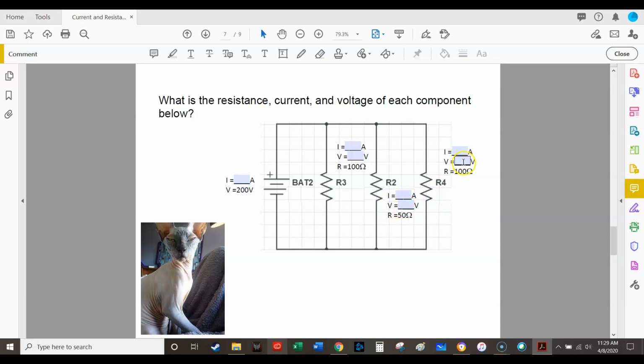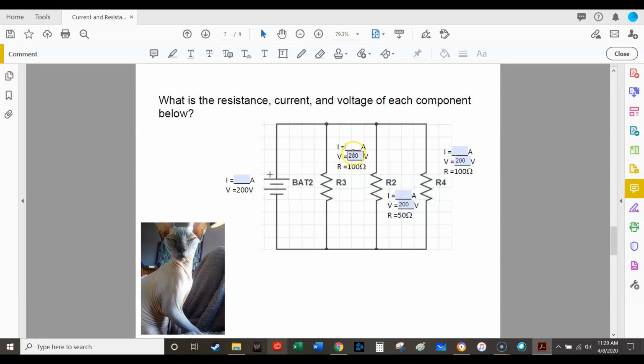And we know this last resistor is getting 200 volts. So we could just actually go ahead and put 200, 200, and 200 right here. Okay.